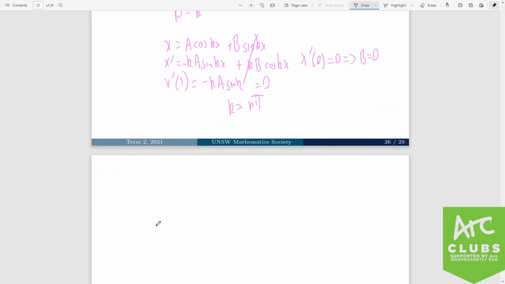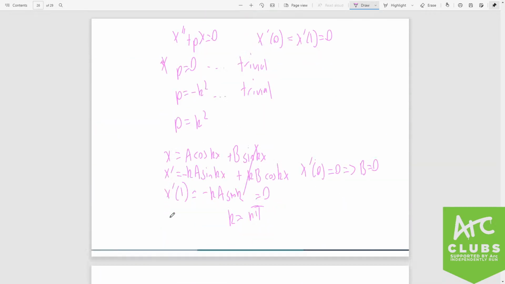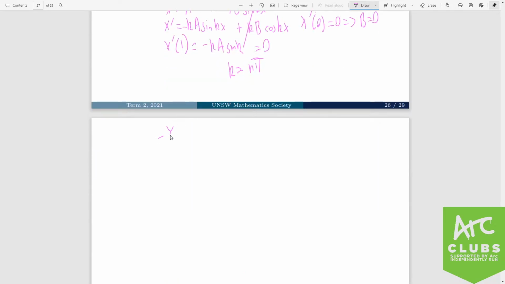And then we solve for Y. So for Y we had minus Y''/Y minus lambda equals minus p.